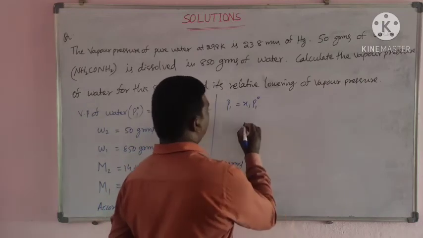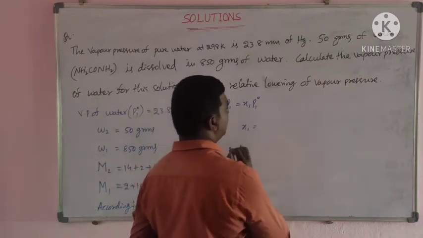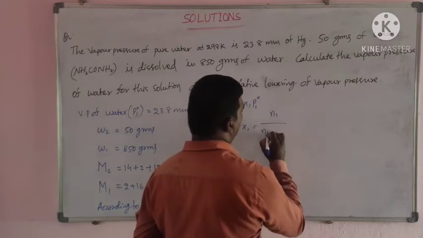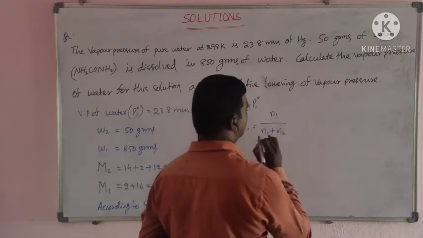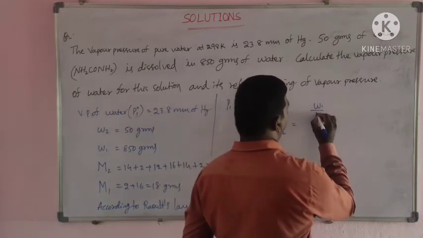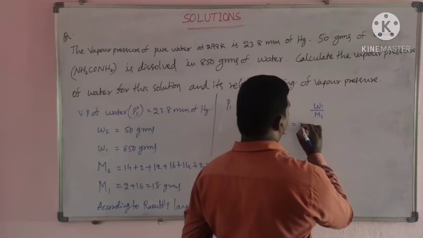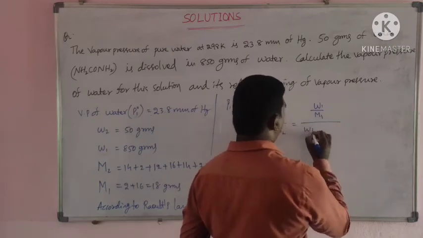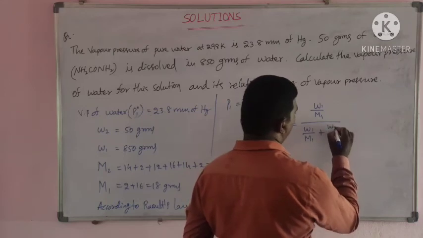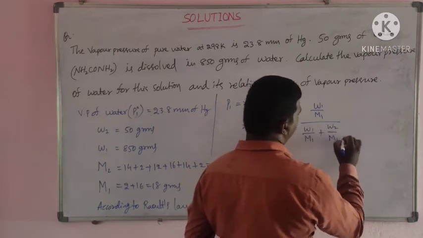Here x1 is equals n1 by n1 plus n2, that is equals W1 by M1 by W1 by M1 plus W2 by M2.